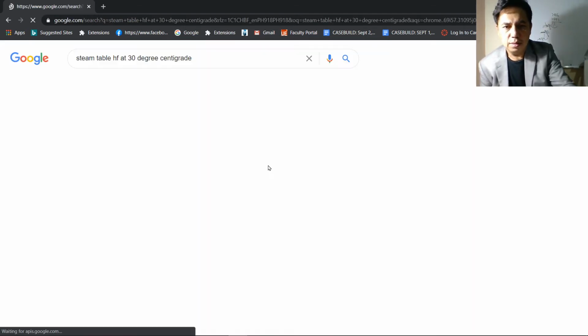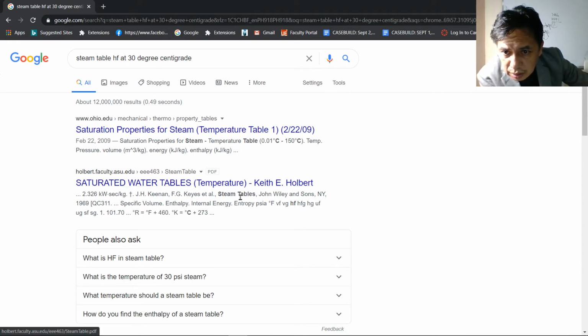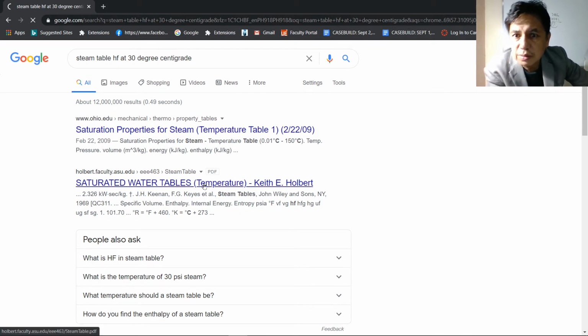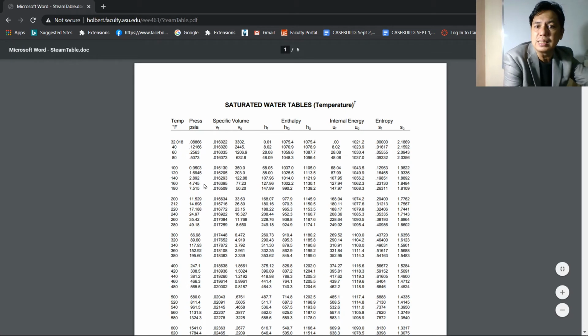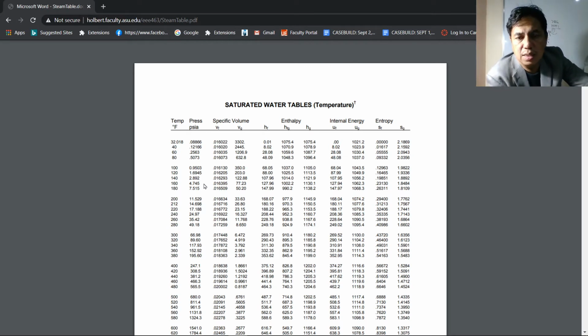Because I don't have a steam table here, we could see from the internet temperature 12.01 up to 150. Then this one is Keenan and Keyes, New York. This is the more familiar to me. Yeah, Keenan and Keyes. So saturated water table, meaning it is HF at 30 degrees.